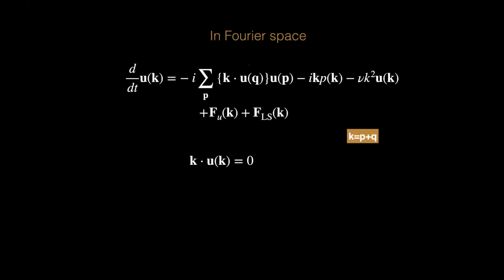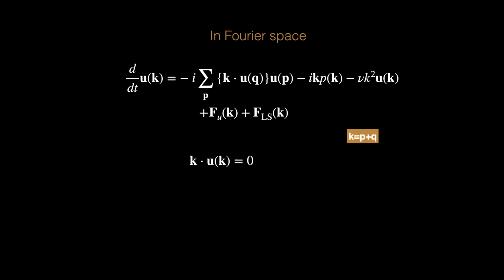So I'm going to work in Fourier space, for reasons which will become clear soon. In Fourier space, the velocity mode evolves like this. This is the nonlinear term, and this is the pressure term. The nonlinear term is a convolution, with U(p), U(q), and k coming from that divergence term.